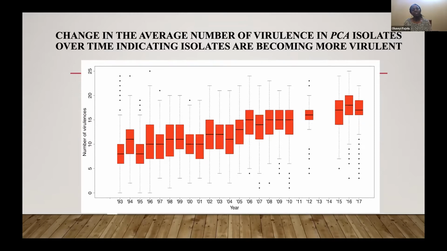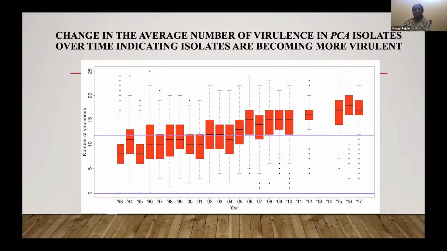For a better understanding of this data, let's review a box description, starting from the minimum value to the maximum value. I will point your attention to three things on this graph. First, the minimum number of virulences in 1993 was 0.